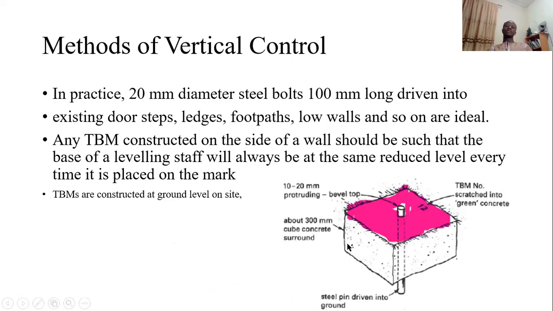So in practice, 20 millimeter diameter steel bolts. If you don't know 20 millimeters, you don't think about it. You're becoming an engineer. You should see that this is it. I told you the last time. Bolts 100 millimeters long, driven in. So how long is 100 millimeters? 1,000 millimeters is what? 1 meter.